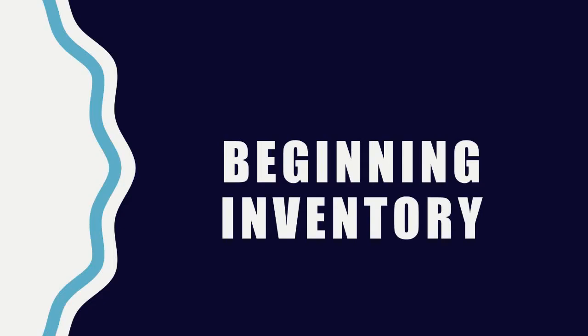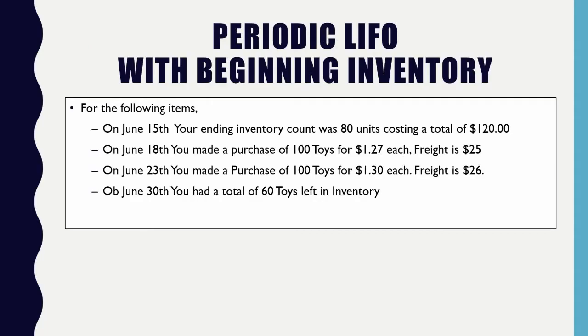Alright. So what happens when you actually have beginning inventory? Of course, you need to carry these values on to the next accounting period, right? In this case, we know for a fact that if you're continuing on with this inventory, on June 15th you should have a total of 80 units costing a total of $120.